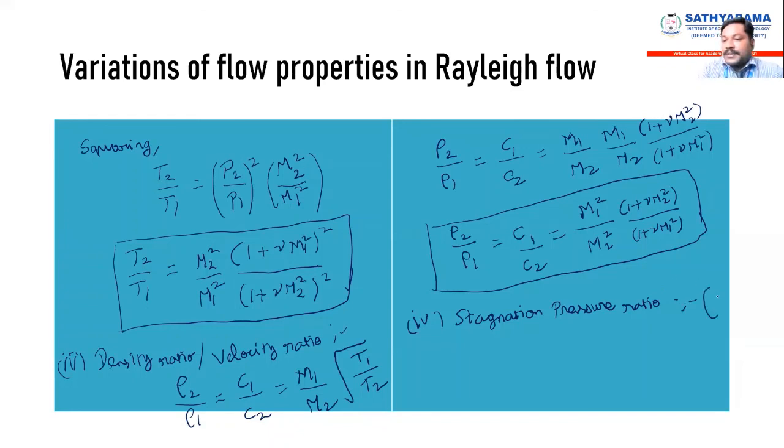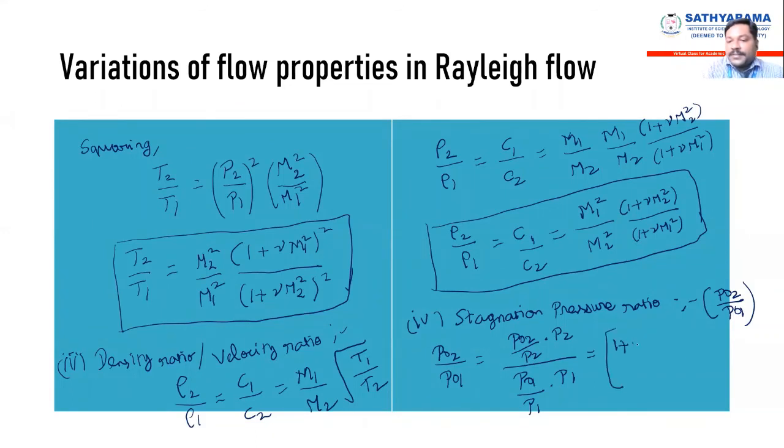So the stagnation pressure ratio relation is P02 by P01. So P02 by P01 is nothing but P02 by P2 into P2, and you are reiterating this expression for P01 by P1 into P1. So what is the P0 by P relation? We may use this P0 by P relation.